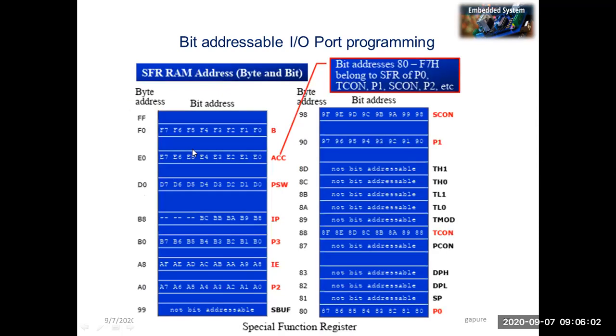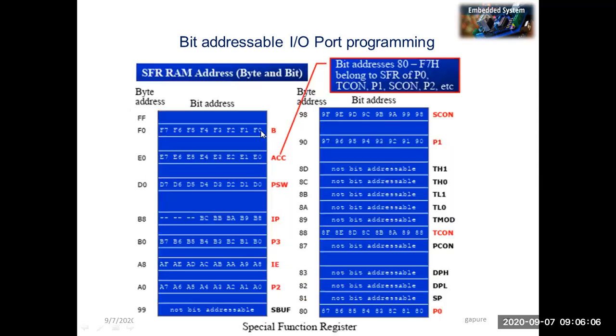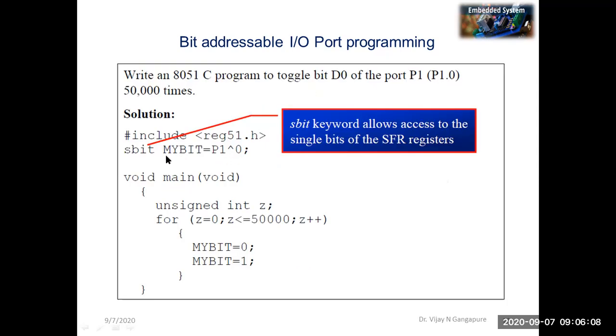The port 1 pin number 0 address is 90. So after execution of this declaration statement, mybit will be assigned the address of pin number 0 of port 1, which is 90. And I can refer to this pin, that is pin 0 of port 1, by the name mybit, so that my programming will be easy.